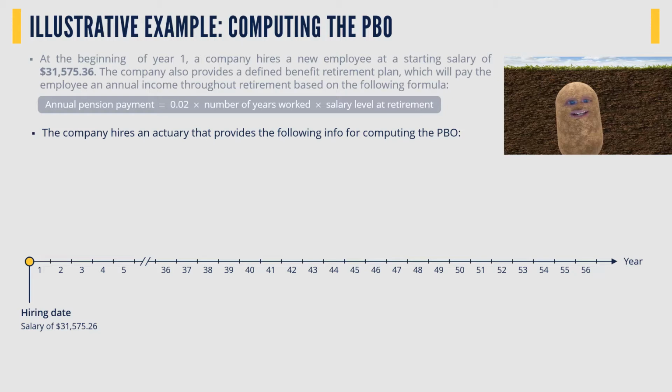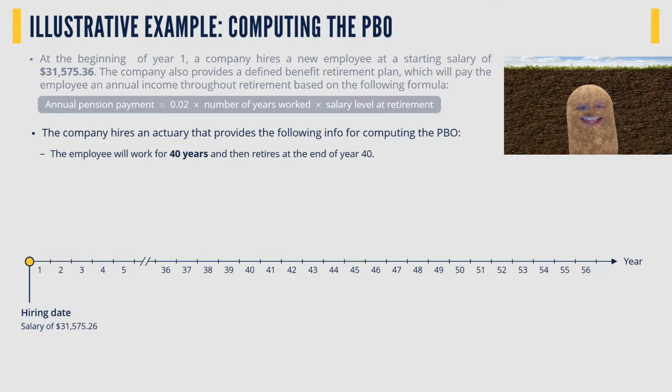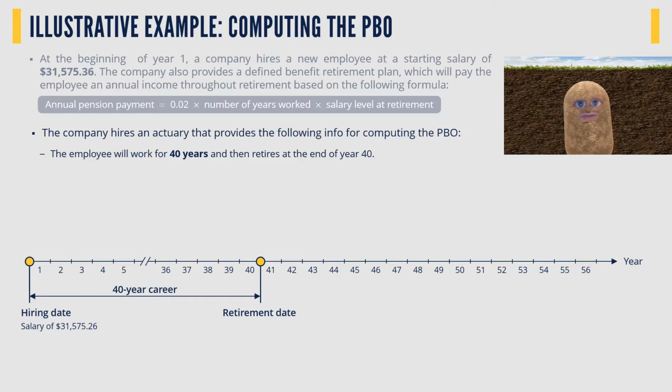So the actuary comes and says, we estimate that employee that you just hired is going to work for you for 40 years and then retire at the end of year 40.